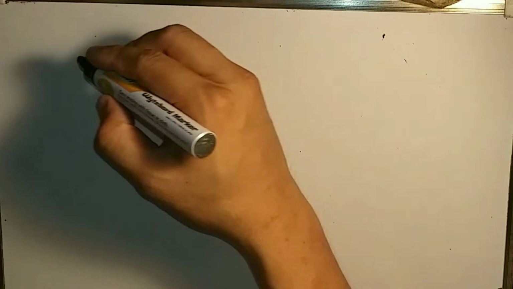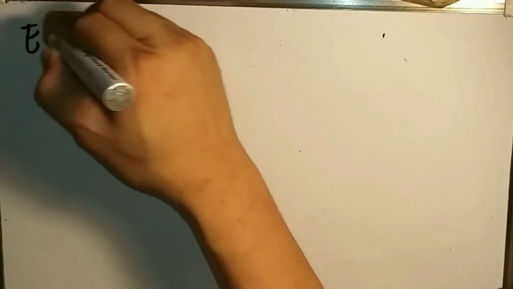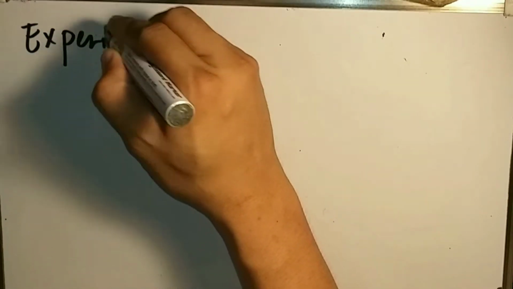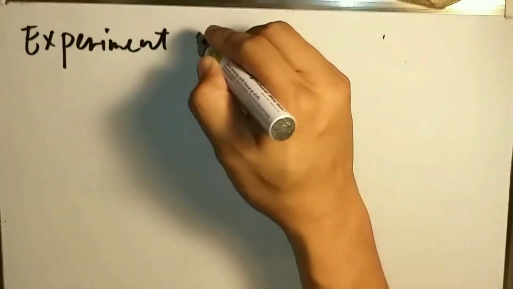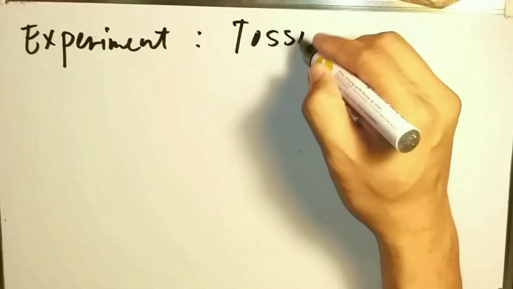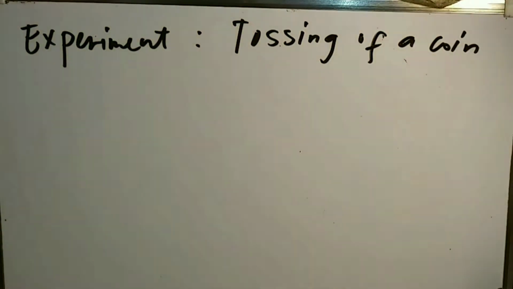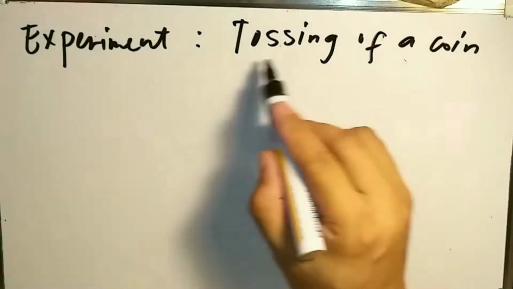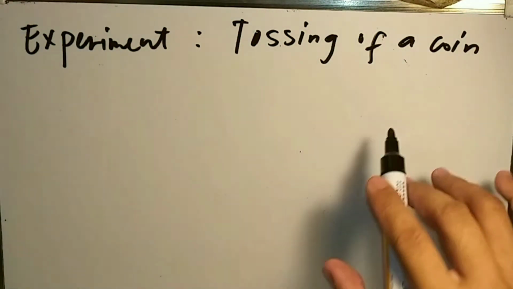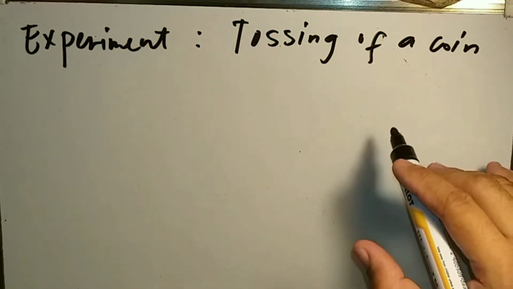So let's have a simple example. For example, let's take the experiment tossing of a coin. So this will be our experiment or probability experiment.